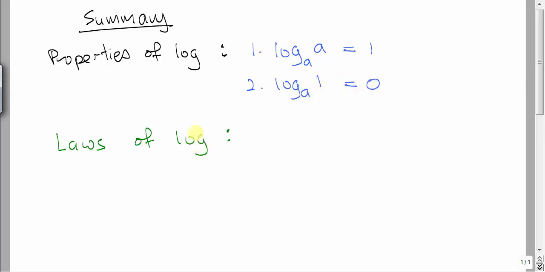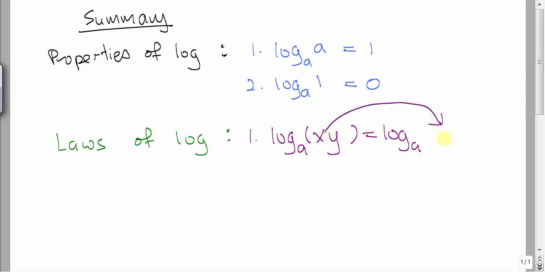For the law of logarithm, we have seen that a single logarithm here can be split into a multiple logarithm. Multiply becomes a plus, and the expression here will be x following the expression here, and the expression here will be a y following the expression here.